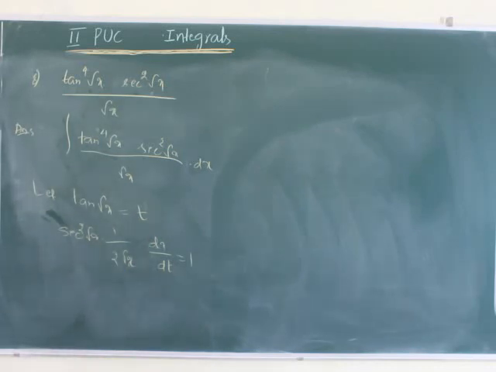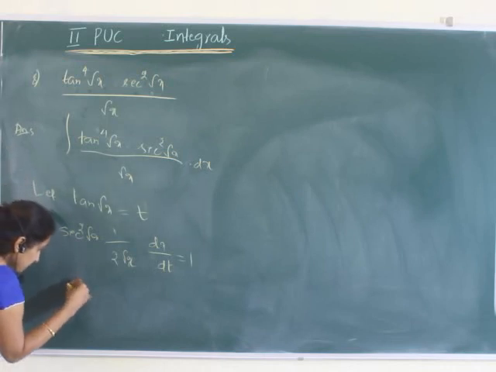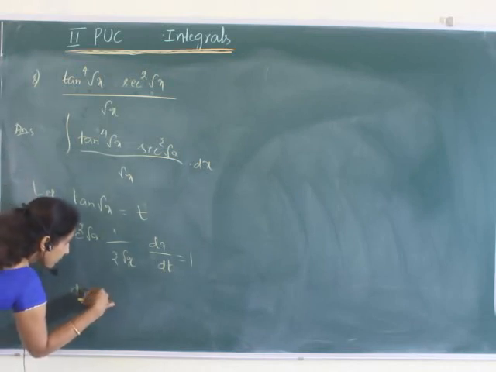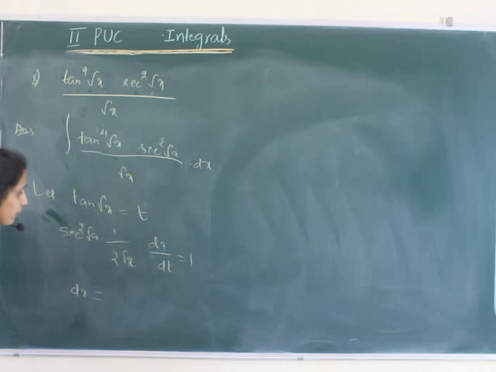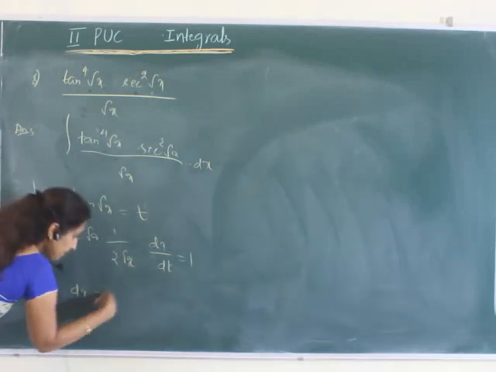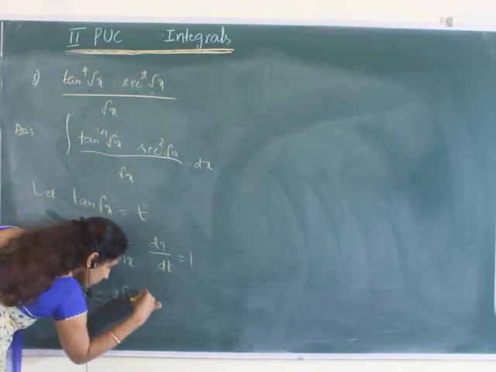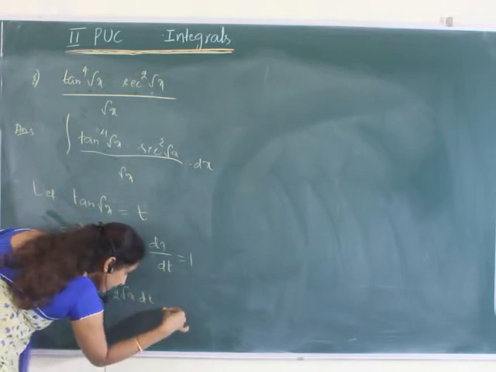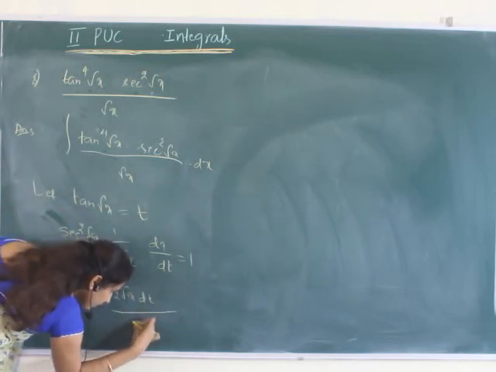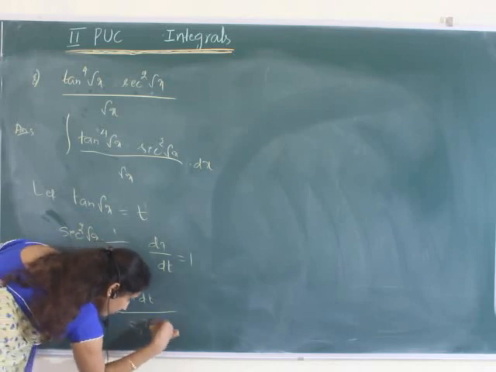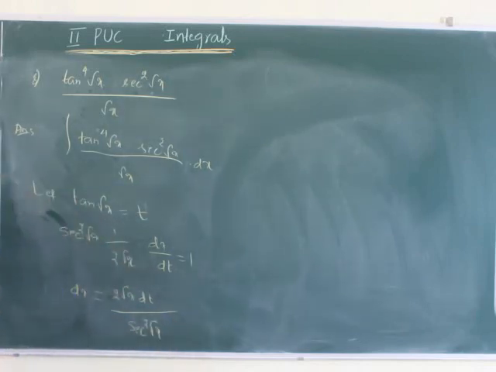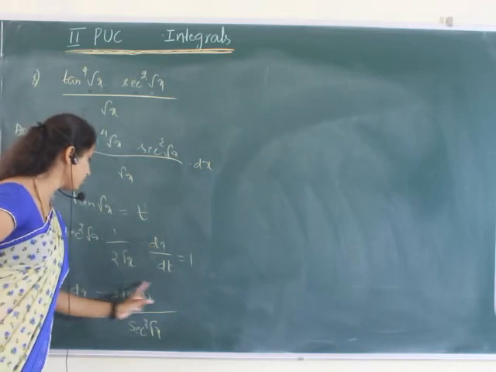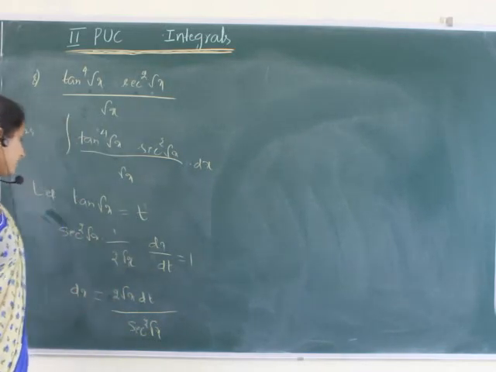Now we have to write dx: dx is equal to 2√x dt divided by secant square √x.